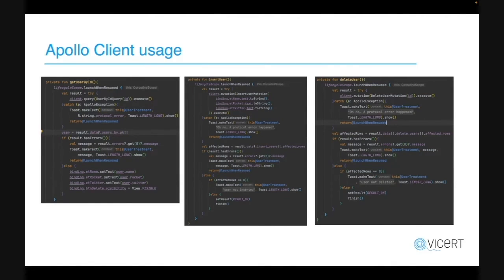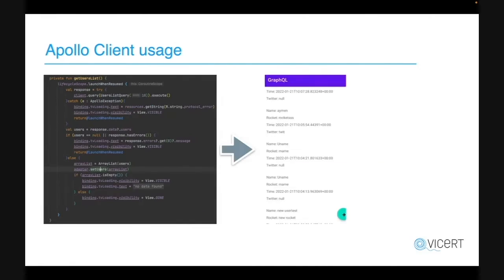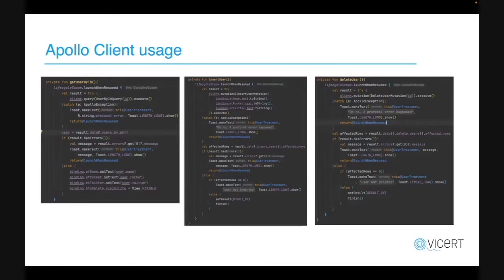Also, we have insert user and delete user. There's also an update user, where mostly all the same things apply. But here we have a little difference. When you have an insert user, if you remember in the previous slide, we have this plus on the bottom right side. Let's say we clicked on the plus and we want to add a new user. We will return to the middle image here.